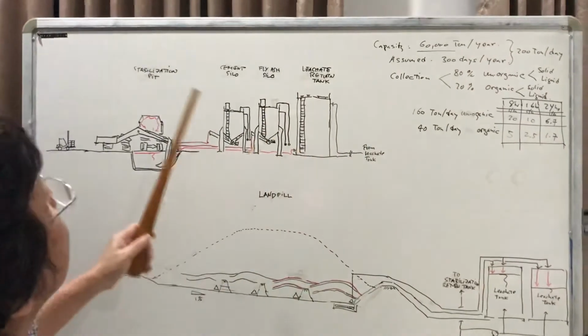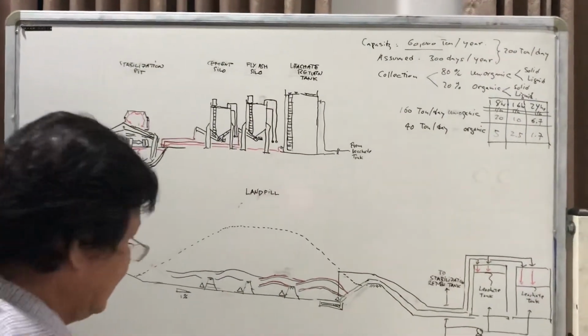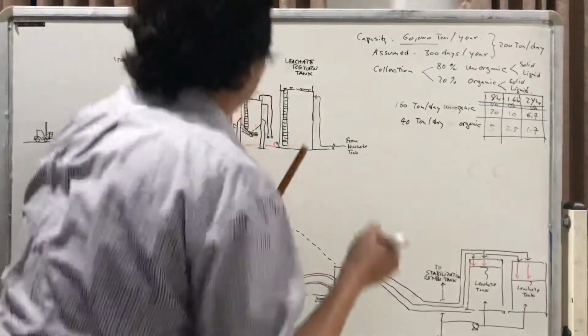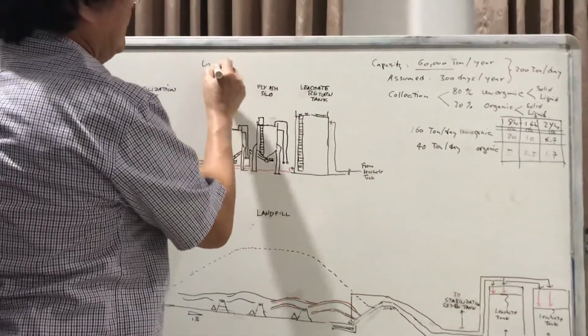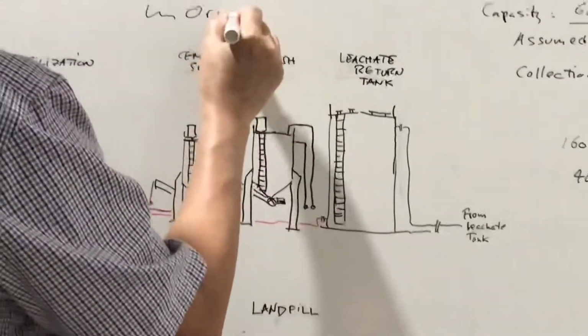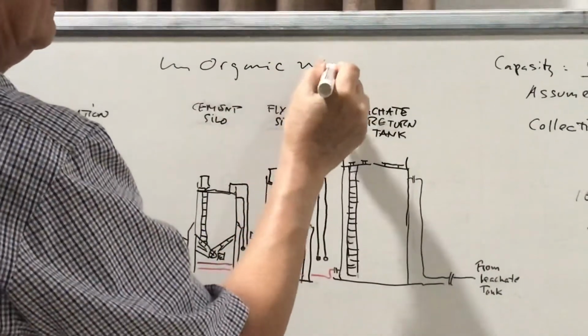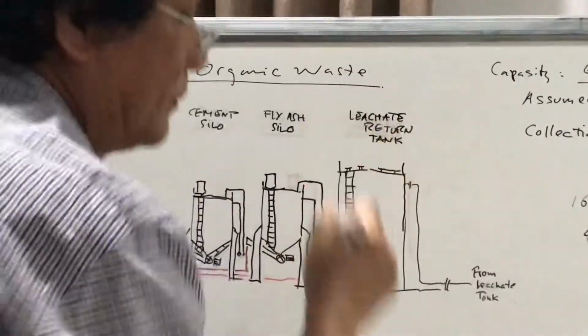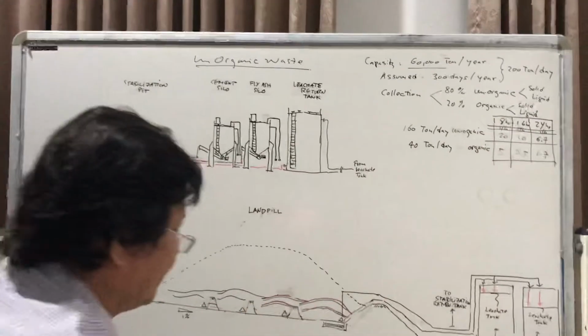As we can see, this is the organic waste process, and this is the inorganic waste process. So what is the facility over there?